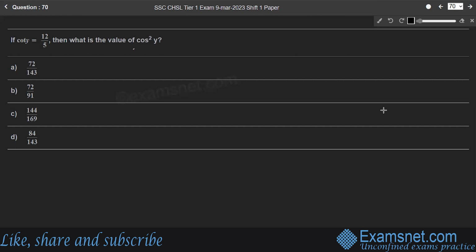Question 70. If cot y is equal to 12 by 5, then what is the value of cos square y? First we need to relate the cot and cos functions. There is no direct relation between cot and cos. Cos and sine are related, sine and cosecant are related, and cosecant and cot are related.